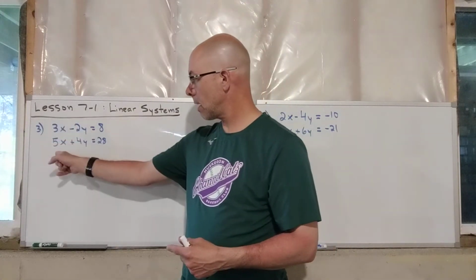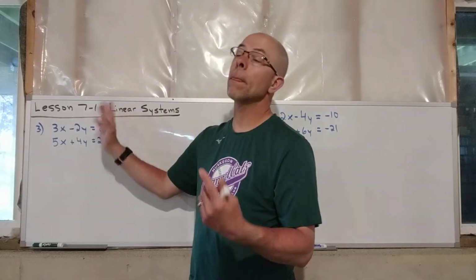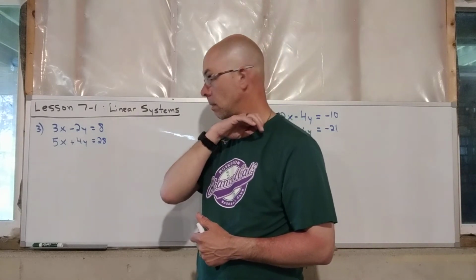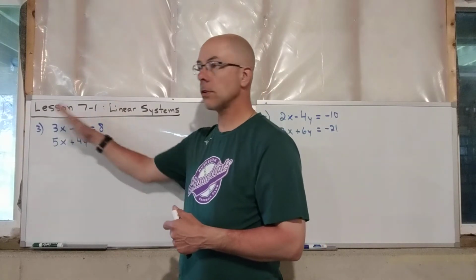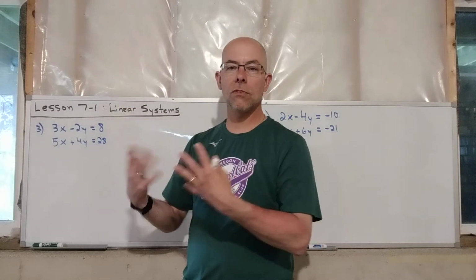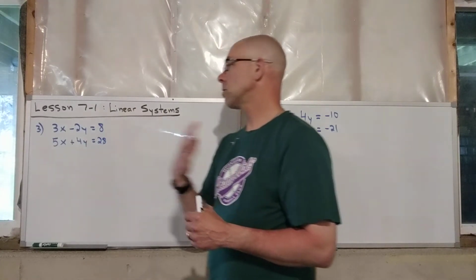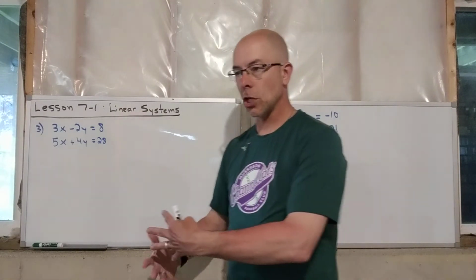If I add right now, the x's add to 8 and the y's add to 2. Negative 2 plus 4. So you are allowed to pick an equation. You're allowed to pick both equations, in fact, and multiply both entire sides by whatever number you want. See, if you multiply the left and the right by the same number, you don't affect the equation itself, you just affect its looks. So at the pre-calc level, I'm expecting us to be as efficient as possible.